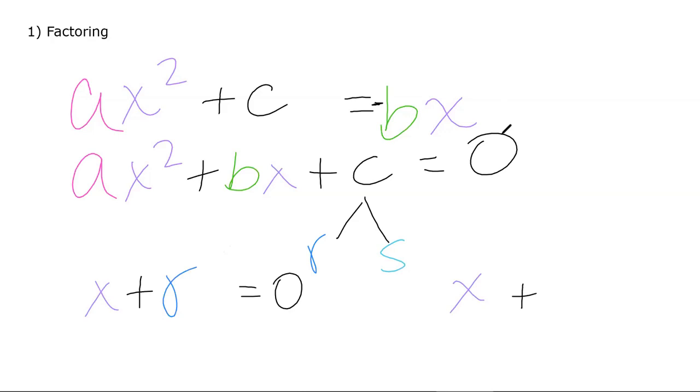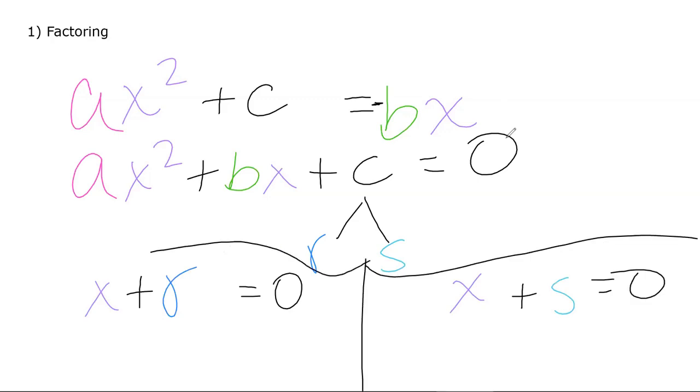With this, we would be able to figure out what the value of x is, since we would have already figured out the values of r and s, because they're specific factors. x would just be equal to negative r and negative s. We're going to look into examples a little bit later.